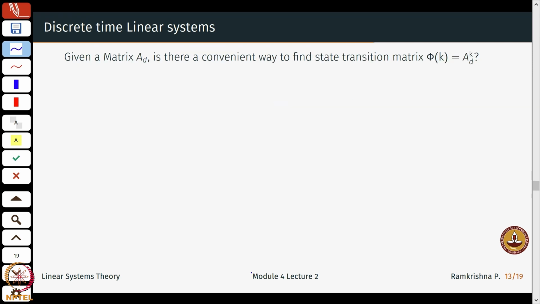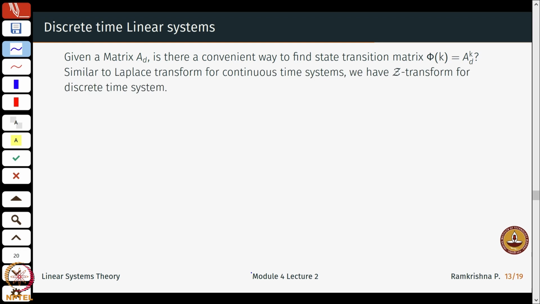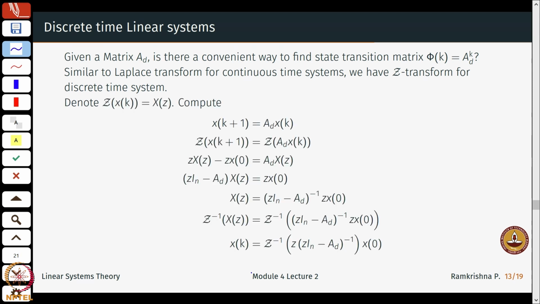Okay. Now again, a similar exercise: how do we compute this matrix A power k? Is it always easy to multiply the matrix n times? Well, similarly to what we have in the continuous time domain with the Laplace transform, we now have a powerful tool called the Z transform.